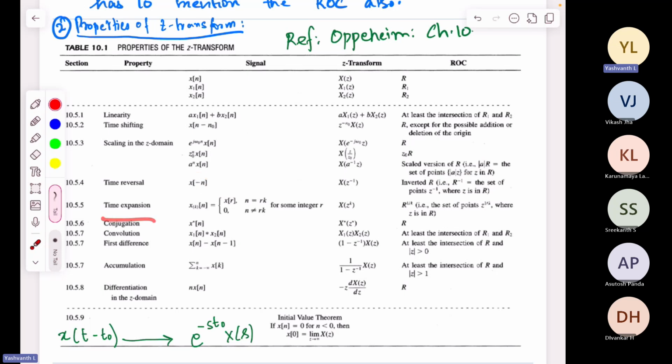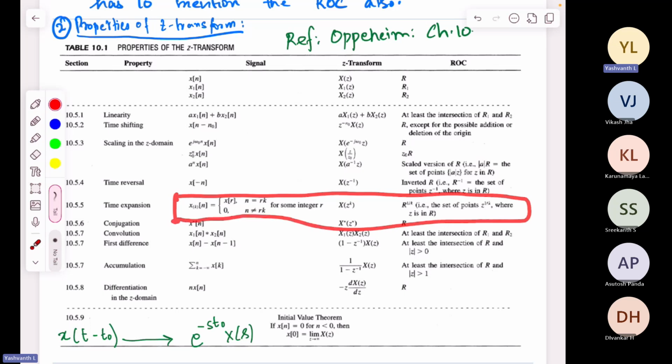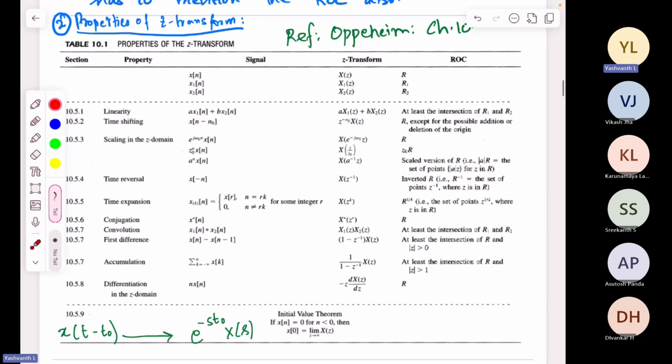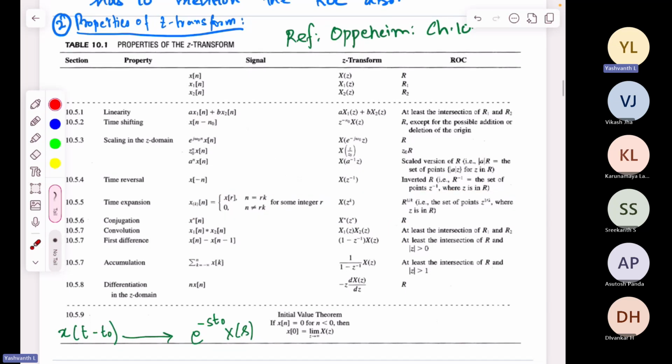Now time expansion, maybe for now you ignore this. This is something that is a little advanced. These are called discrete time signals, right? So these are the properties of discrete time signals. There is a follow-up course called digital signal processing, or discrete time signal processing; both are synonymously called. What you can show is that there is a property called interpolation and decimation.